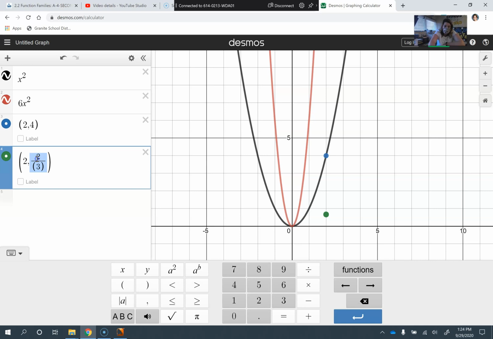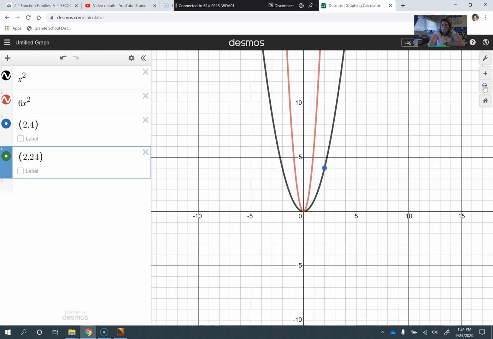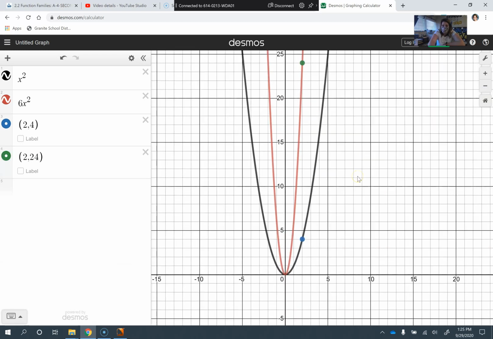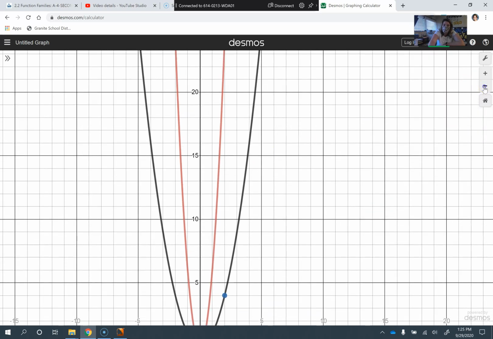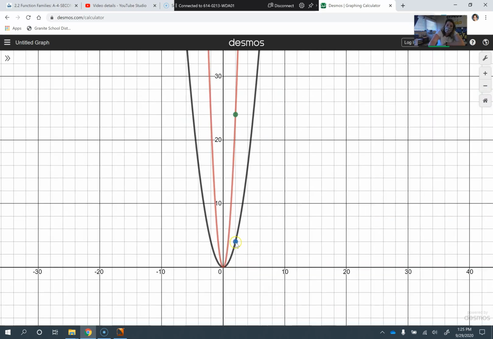And I got to plug this in for 24. If I zoom out, you can see that the points get much higher. This is your original. This is your transformation. So we go from 4 all the way up to 24, and that's why it's called a stretch.